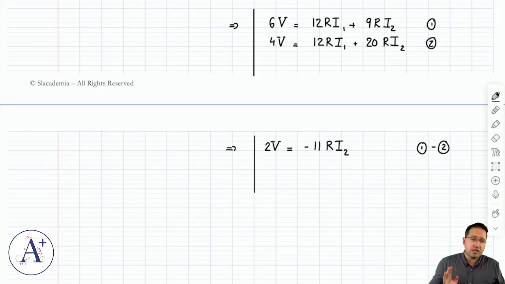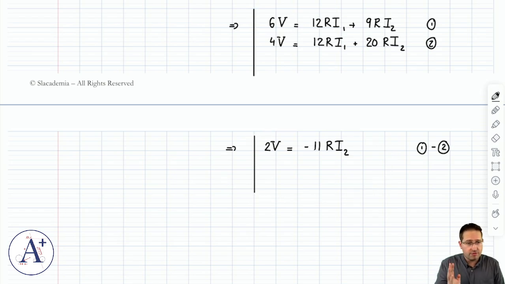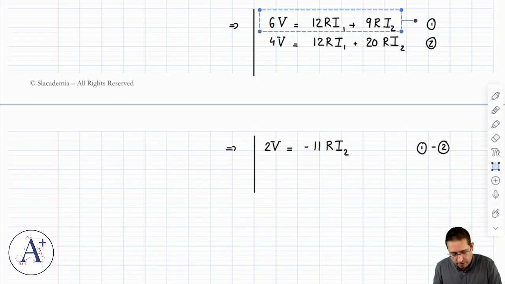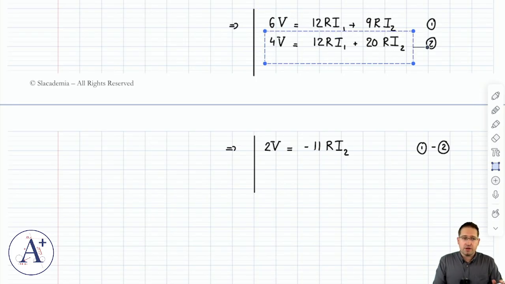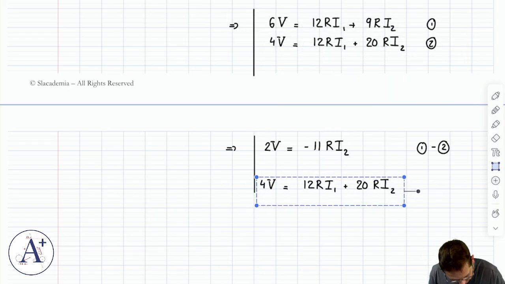And then what I have to be careful about is I had a system with two equations, two unknowns. In order to not change the solution set, I still have to have here two equations with two unknowns. So I only have one equation here. I need to choose one of the two, this one or this one. It doesn't matter which one. I just need to bring that one down so that I keep my system of two equations with two unknowns. Let's say I keep this one.